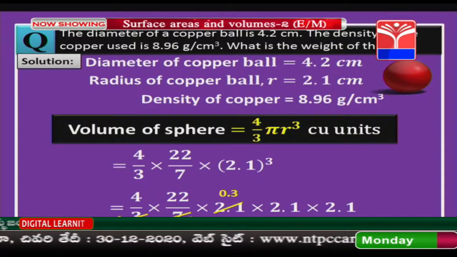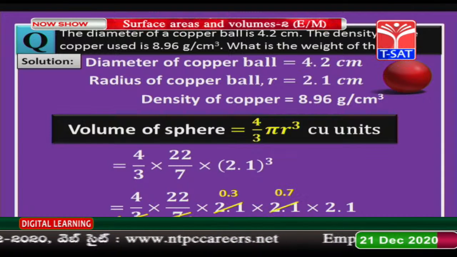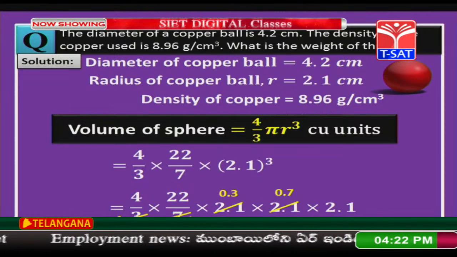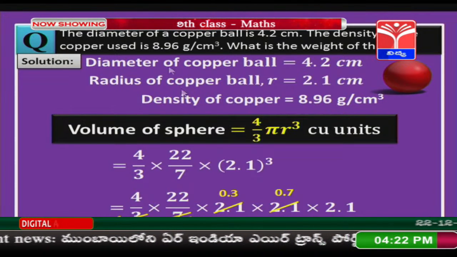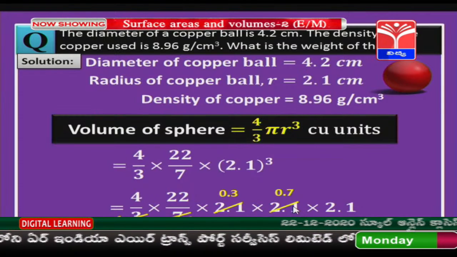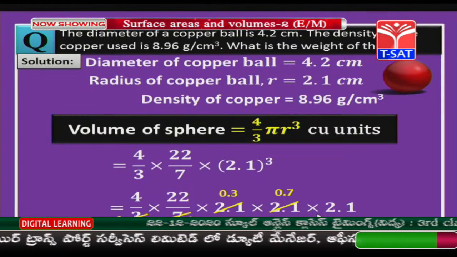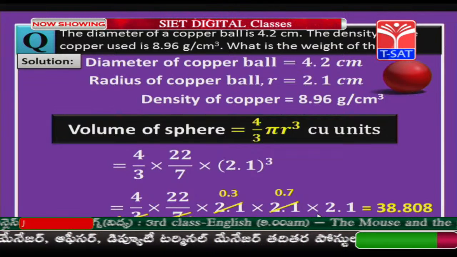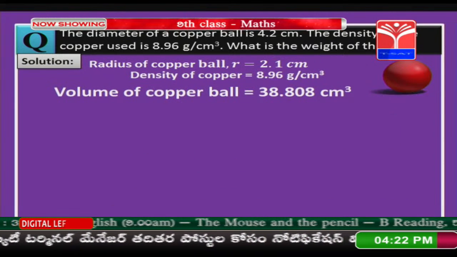Again 3 goes in 3 one time and in 2.1 it goes 0.7 times. Now, what is left, children? Yes, 4 into 22 into 0.3 into 0.7 into 2.1. On multiplying this, you get 38.808. This is the volume of the copper ball.